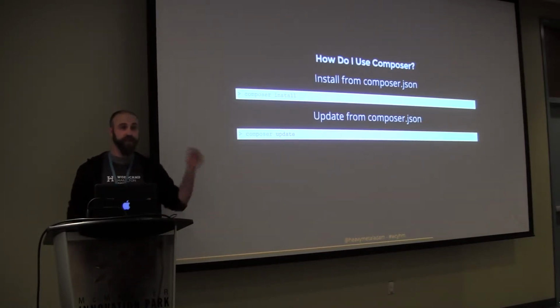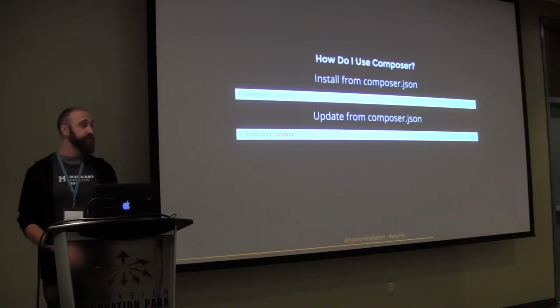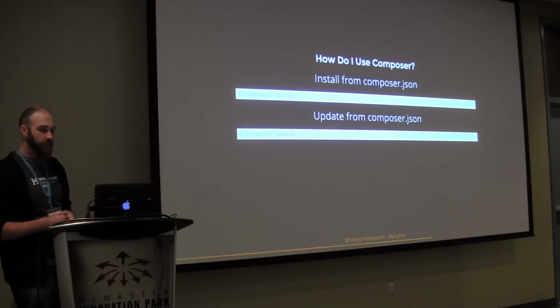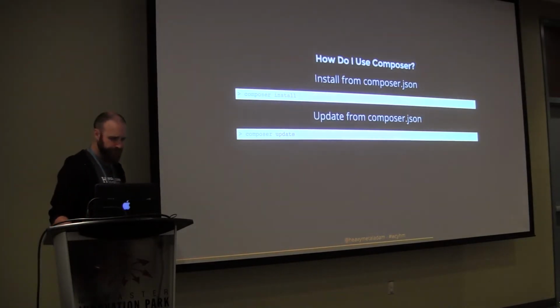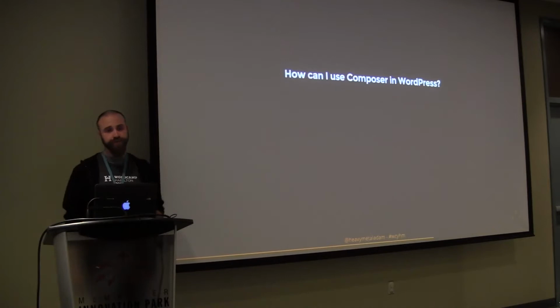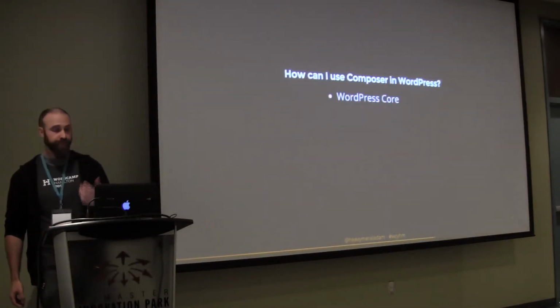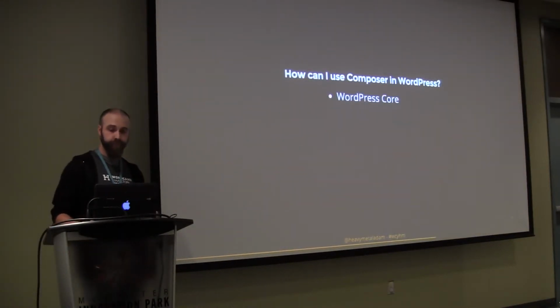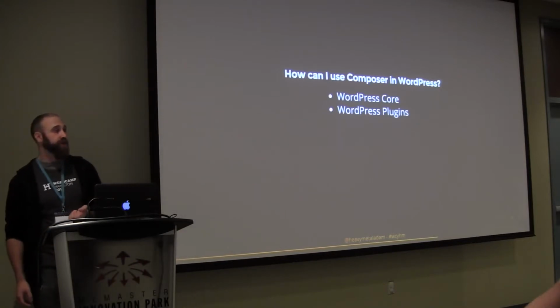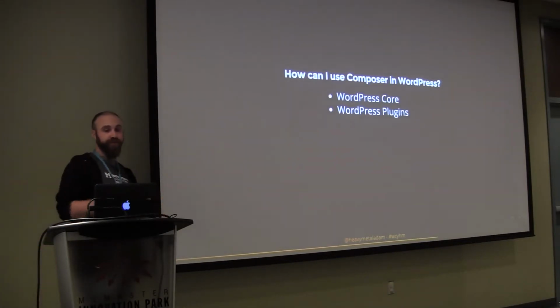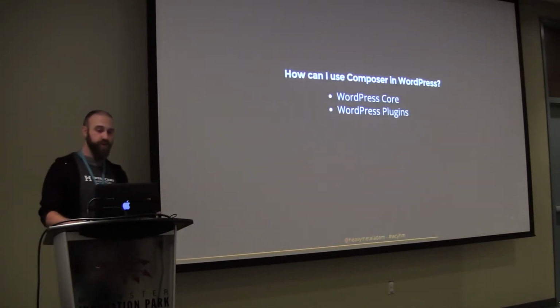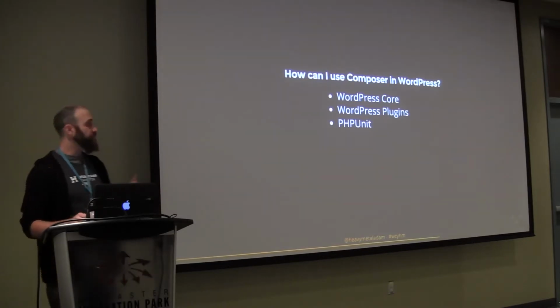Composer update will get the latest versions of those plugins, depending on what's in my composer.json file. So how can I use Composer in WordPress? To manage WordPress core, to manage WordPress plugins. Let's say we're using some other PHP libraries like PHPUnit. We can have that managed as well.